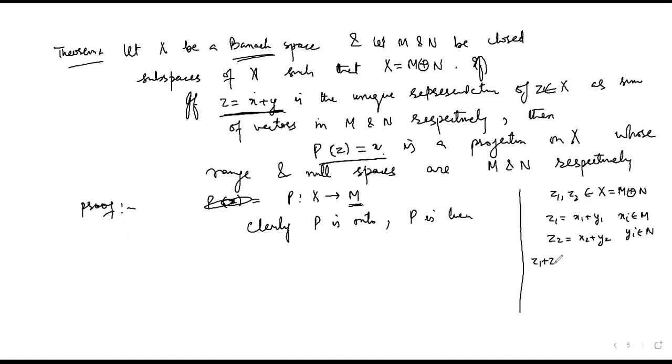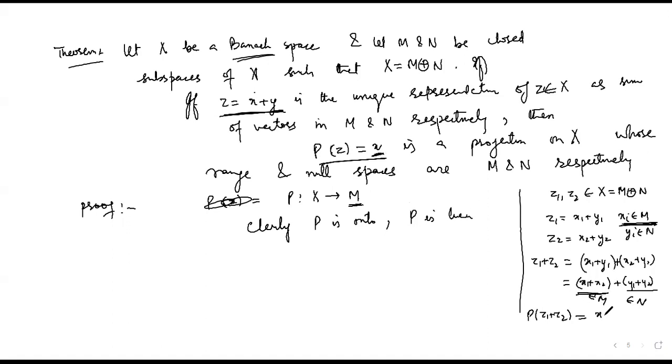So Z1 plus Z2 होना चाहिए (x1 plus y1) plus (x2 plus y2). अब देखो, because addition is commutative inside a vector space, I can write it as (x1 plus x2) plus (y1 plus y2). अब x1, x2 दोनों ही M में हैं, तो इसका मतलब this must belong to M and this must belong to N. So this is its unique representation as the sum of the vectors in M and N. तो अगर मैं तुम्हें कहूँ what is P of Z1 plus Z2, it should be nothing but its M vector, यानी x vector.